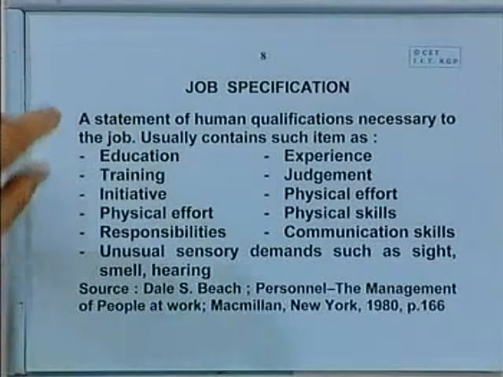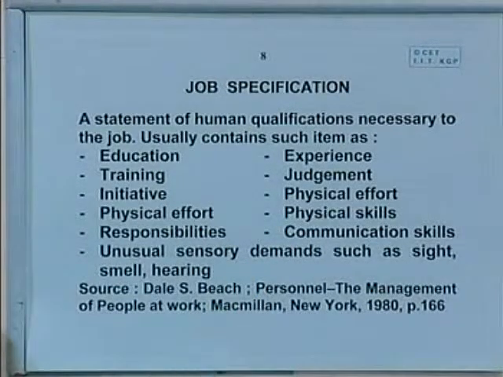And then, as we said, the job analysis gave rise to two things. One was job description and the other was job specification. So what does the specification state? Statement of human qualifications. One was job related. This is the person who will do the job. Specification. Necessary to do the job.